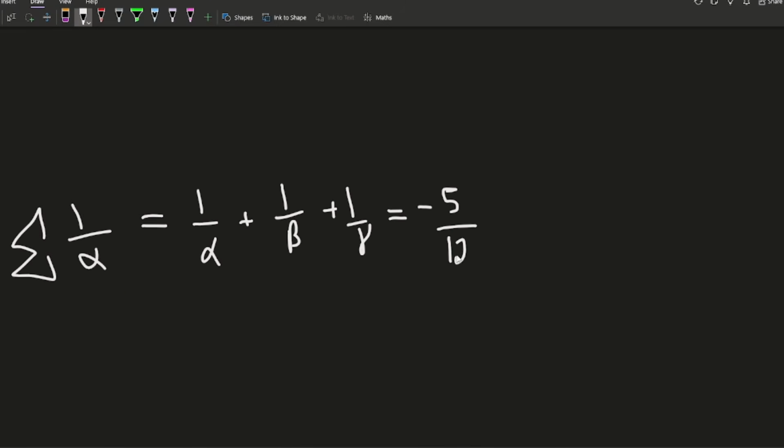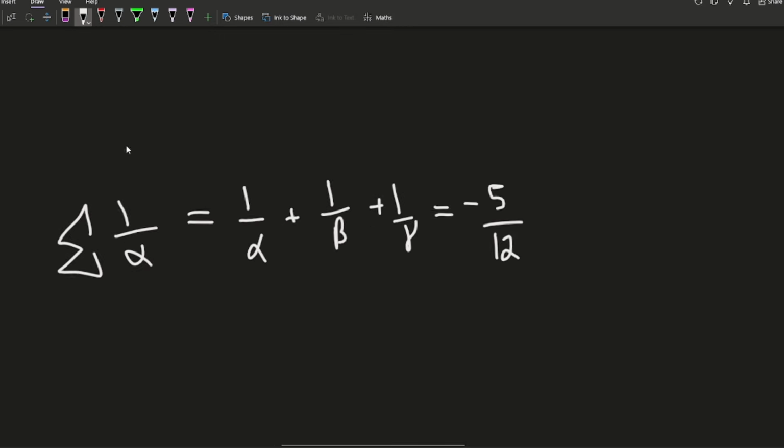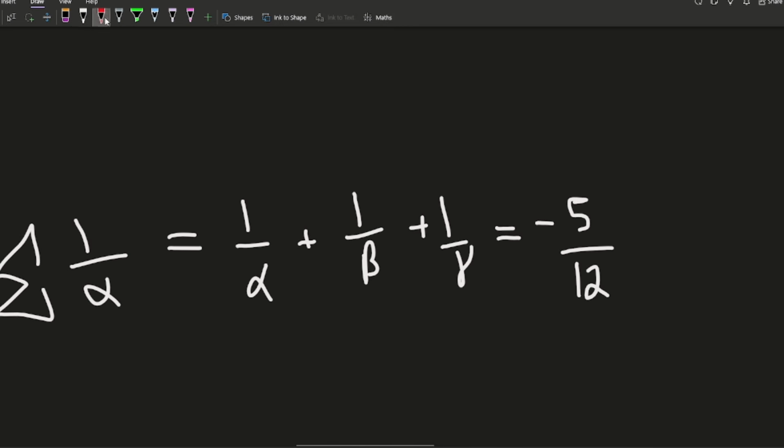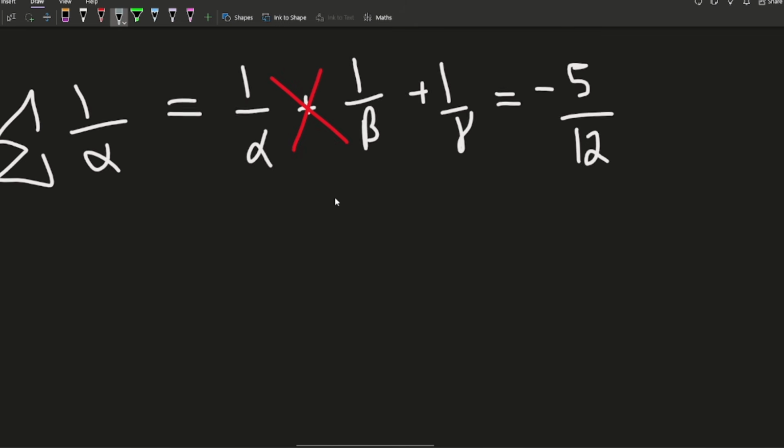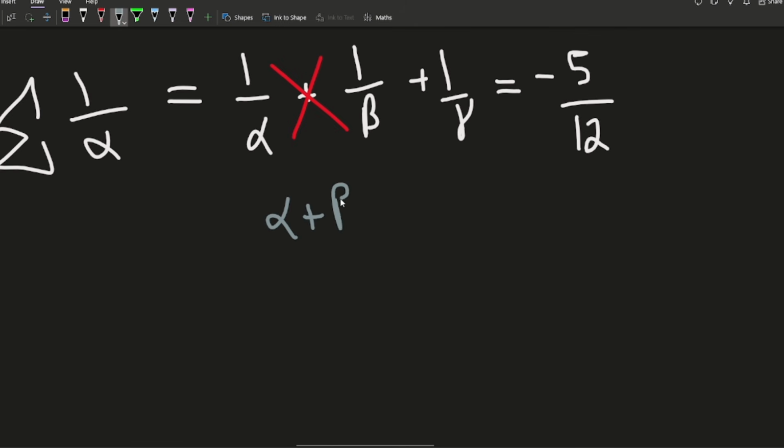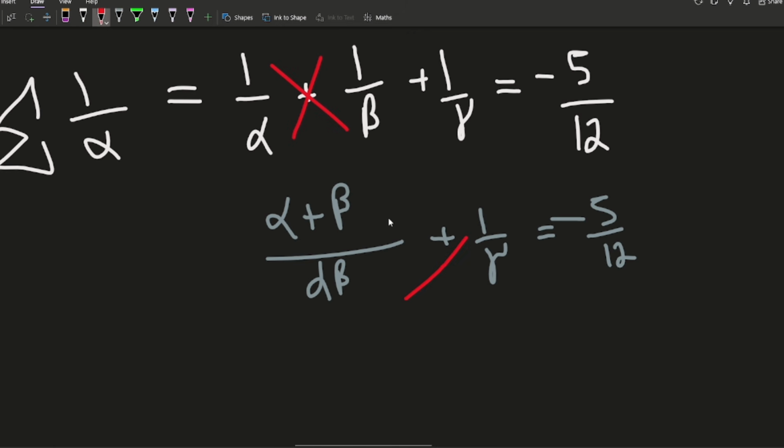So let's first take LCM for these. This gets multiplied here and this gets multiplied here. So let's do that. Alpha plus beta over alpha beta, plus 1 over gamma, which is equal to minus 5 over 12.